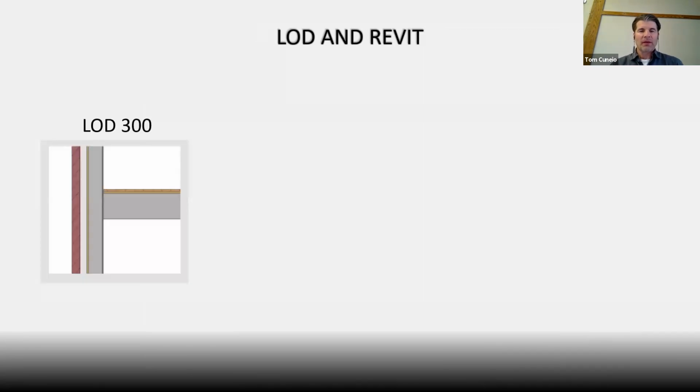So let's talk a little bit about Revit specifically. I don't think this is unique to Revit. This would be true for any other BIM authoring tool that's widely used. But a BIM model in Revit generally stops around LOD 300. And LOD is just a scaling system that references how much 3D content is actually in the model.